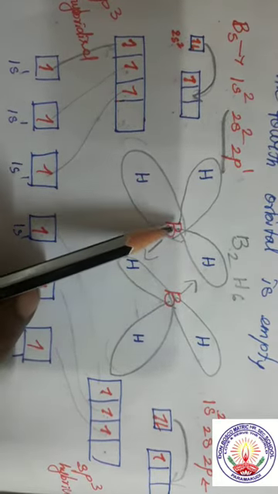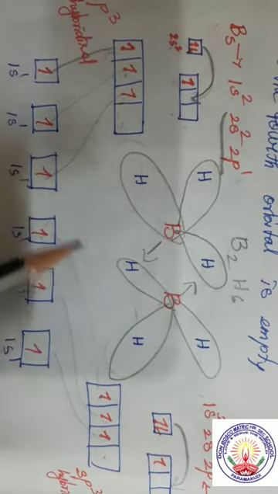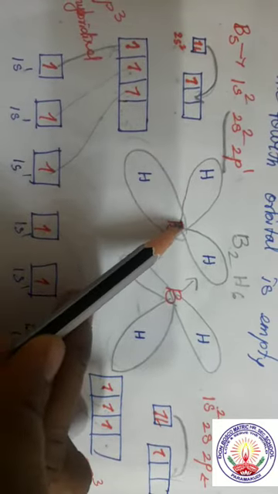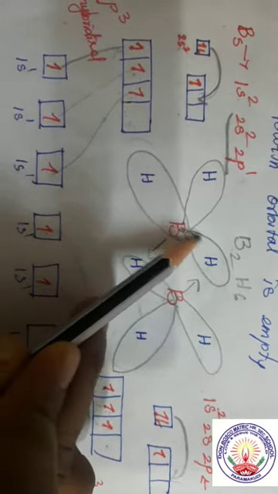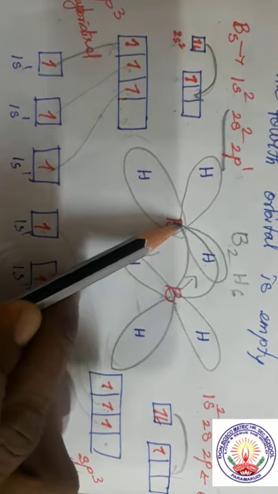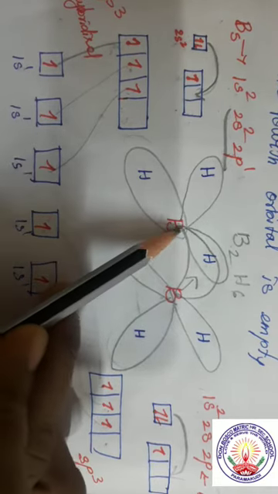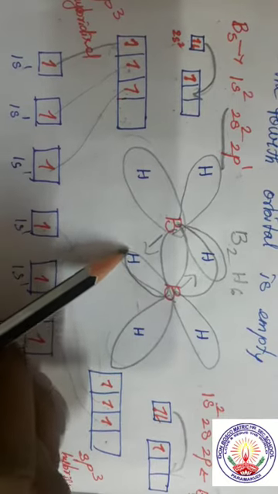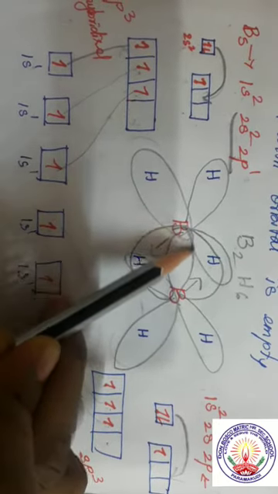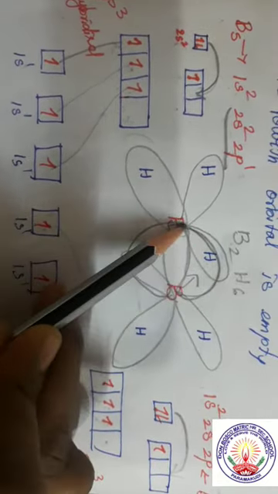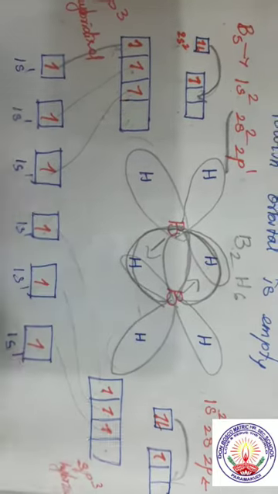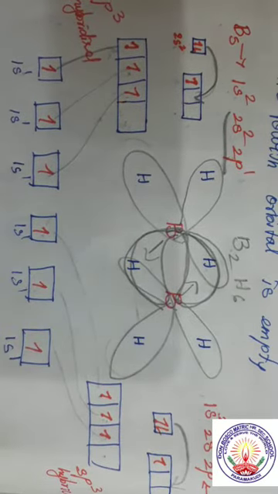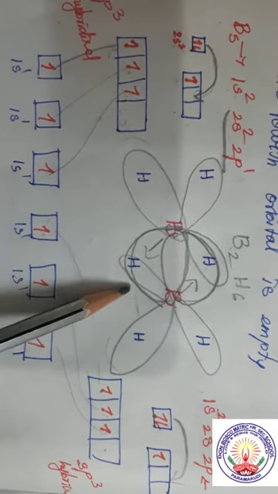Already we saw these 3 centered 2 electron bonds. So therefore it seems to be a banana-like structure. The same way on this side too. Therefore it looks like a banana, and so it is called a banana bond.